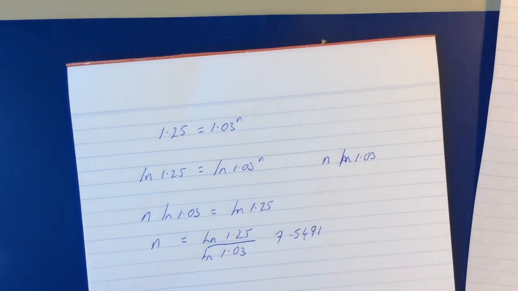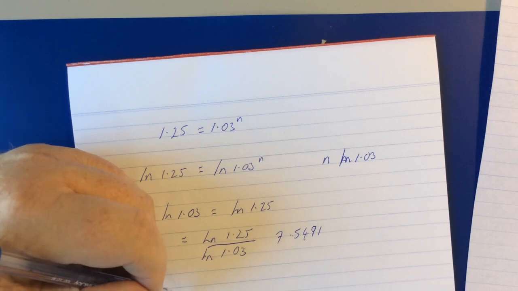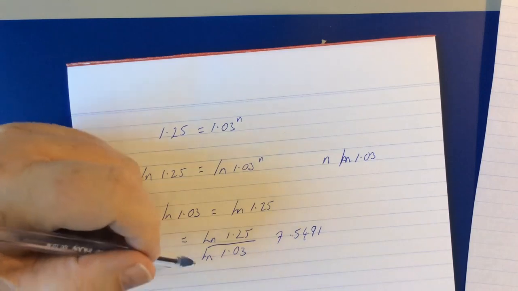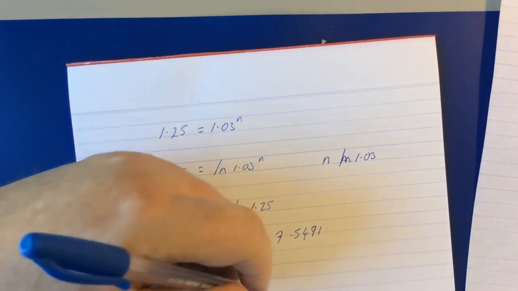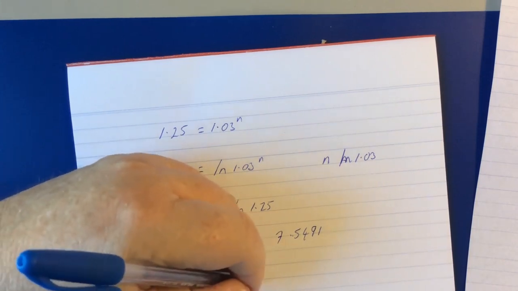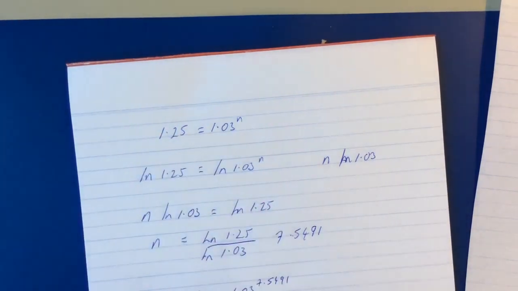Okay, that's that there. Now let's put this to the test. So what we're going to do is take the initial population, which is 1,000. We're going to multiply it by 1.03 to the power of 7.5491, which is the number of years in theory that this will take to reach 1,250. And we should get a number, even with the rounding, that's very, very close to what we're looking for.